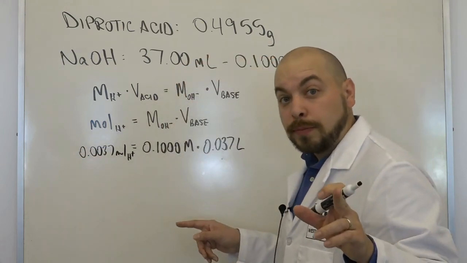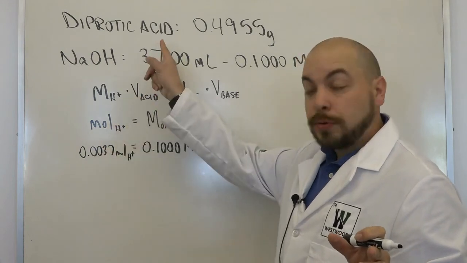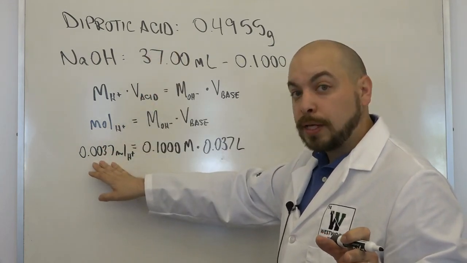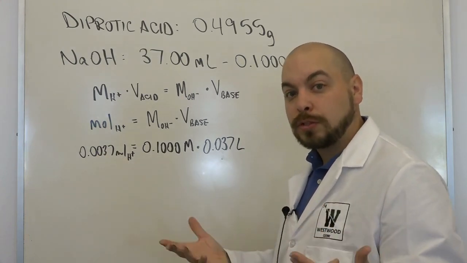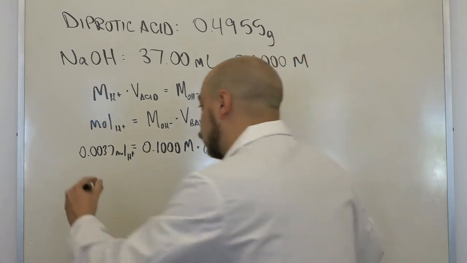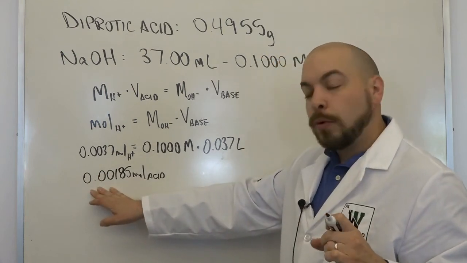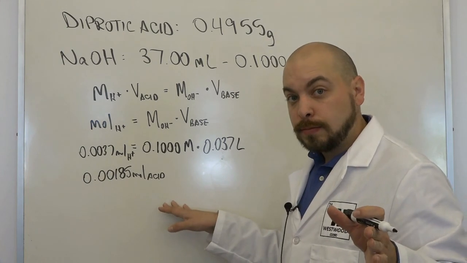Now remember, it took 1 mole of our diprotic acid to provide 2 moles of our H+, which means we need to divide this by 2 to figure out how many moles of acid we started with. So we're going to take this number and divide it by 2, which means we actually have 0.00185 moles of our acid.